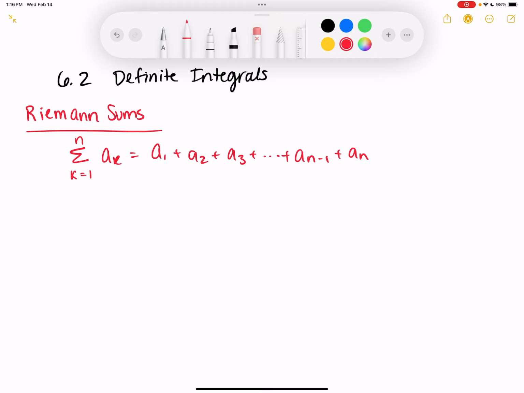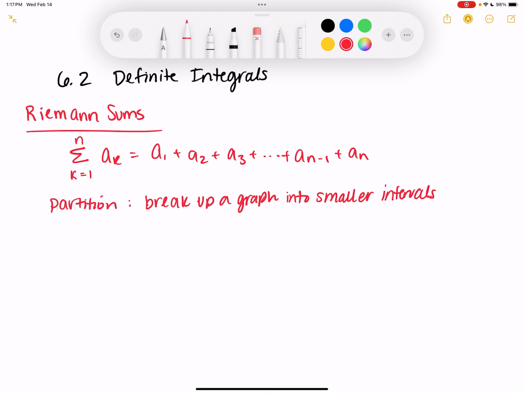Sometimes we will partition, which means to break up a graph into smaller intervals that basically make little subintervals.